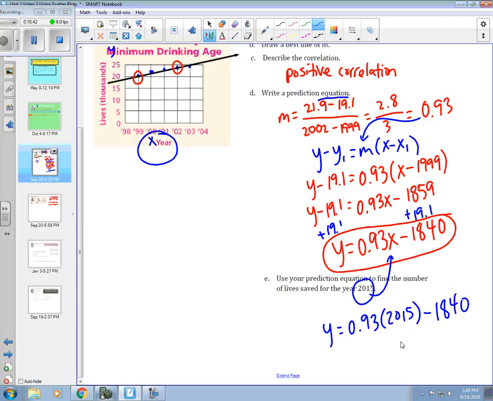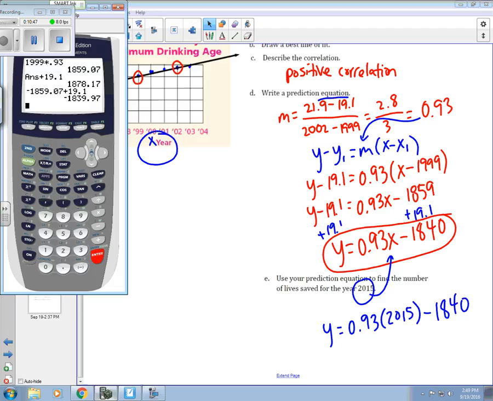So now it's just typing that in your calculator and seeing what you get. So if we do 0.93 times the year 2015, subtract, and the estimation is it's going to, at that time, save about roughly 34 lives.